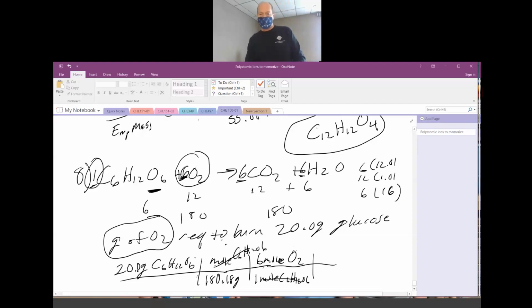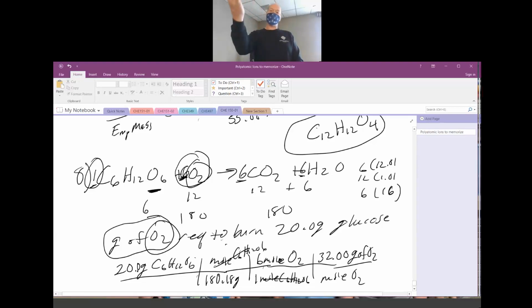And note, this is O2, this is O2, this is 32.00 grams of O2 per mole of O2. All right, when it's O2, it is 32. When you're doing empirical formula, you want the moles of O. If you want the moles of O, it is 16.